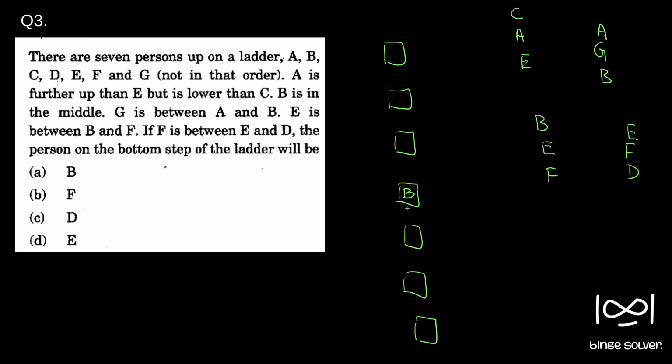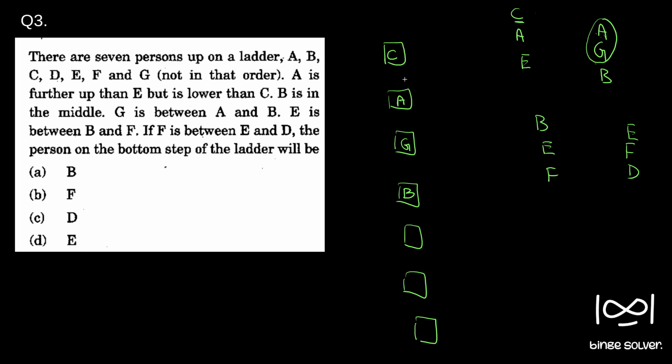Since we know B is the middle element, only 3 elements can be above it. From this information, A and G are above it, and above A there has to be C. So C, A, G has to be above B, in that order.